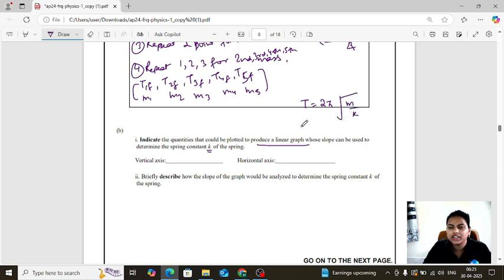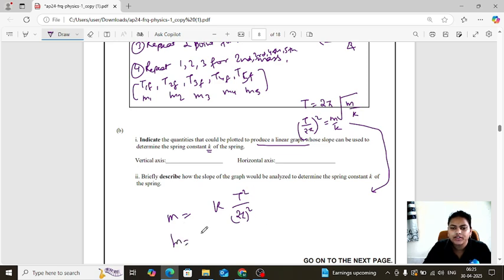I have to change it so that the slope can be used: T upon 2 pi, squared, is equal to M upon K. So this would be T squared upon 2 pi squared into K is equal to M. So M is equal to K upon 2 pi squared into T squared.